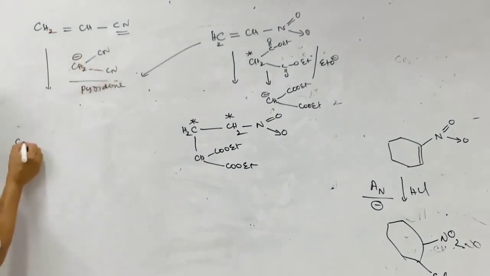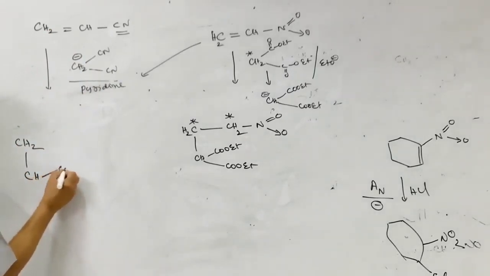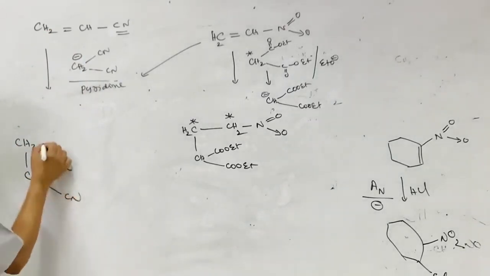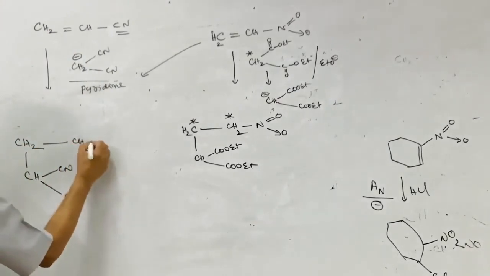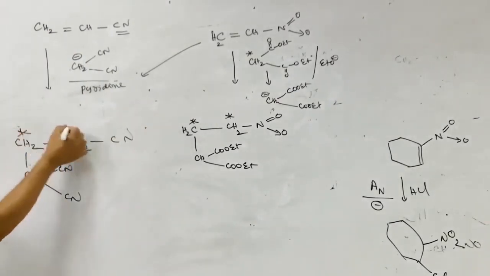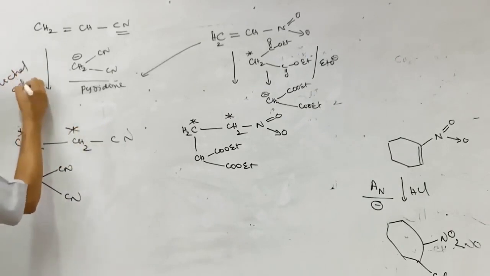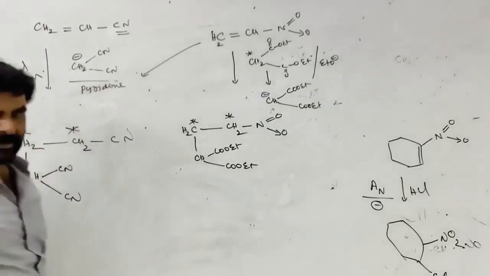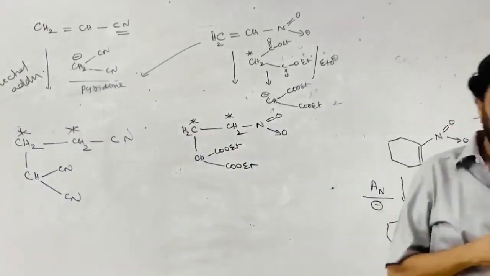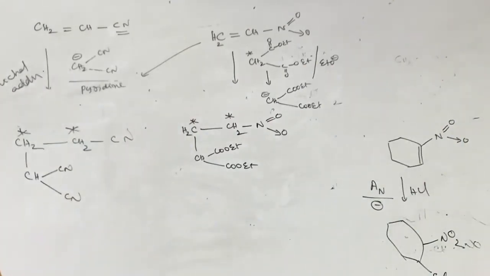It attacks here, CH2, CH, CN, and in the acid workup this is converted to CH2, C. So addition is taking place here. This is Michael addition. So it is called a Michael addition.